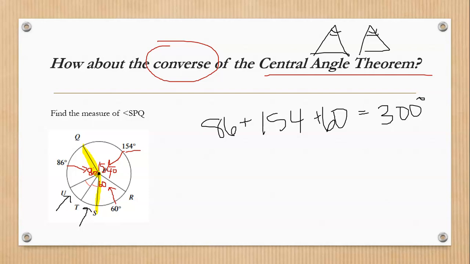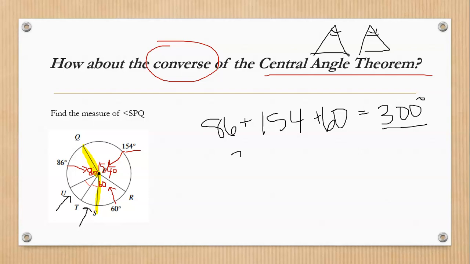Let me double check because I don't want to mess anybody up. Wait, 300 or 200? 300. Yep, I was right. Okay, good. So we have 300 degrees already being used in the circle.